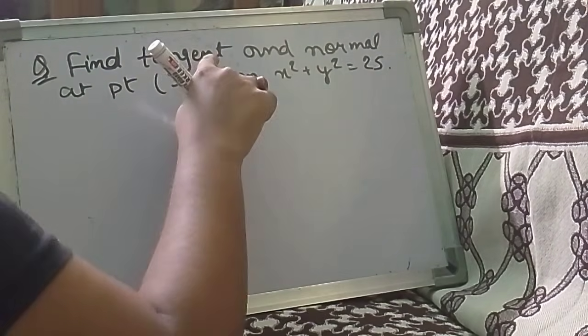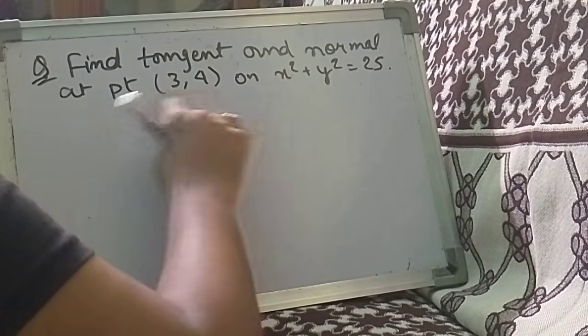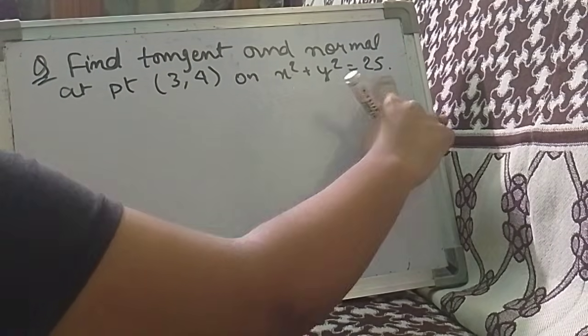So we have to find the tangent and normal at point (3, 4) on this circle.